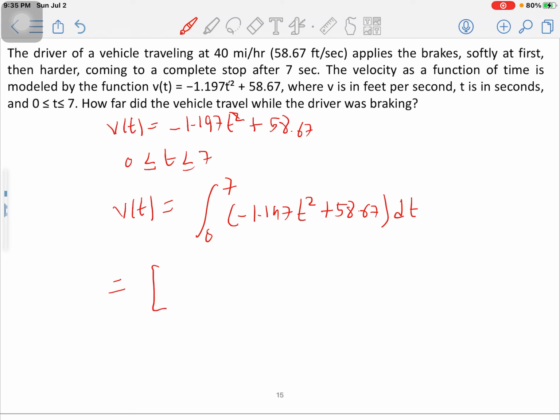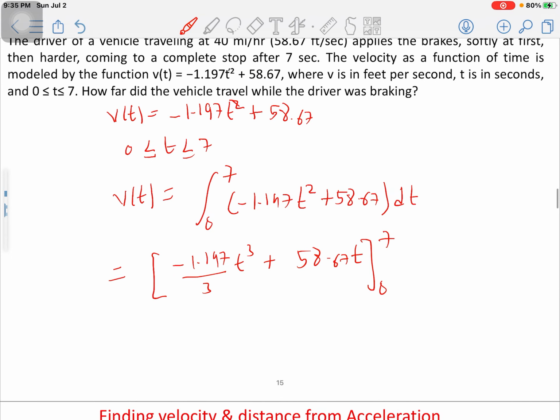Since you understand your integration, you are going to do your normal integration. You get negative 1.197 over 3 t cubed plus 58.67 t, and our limits of integration are 0 to 7.